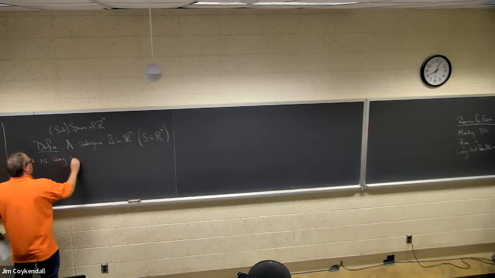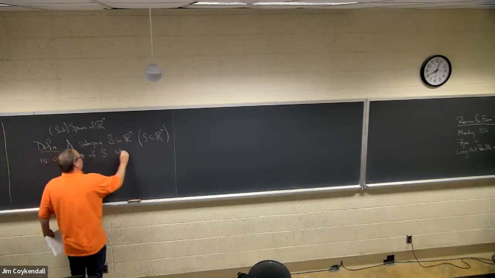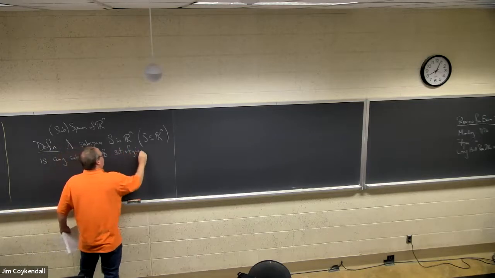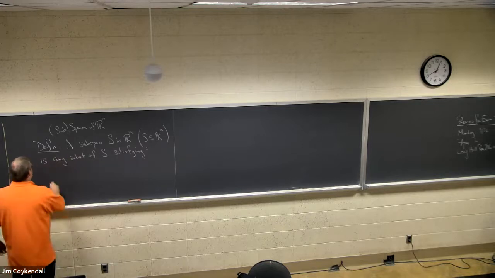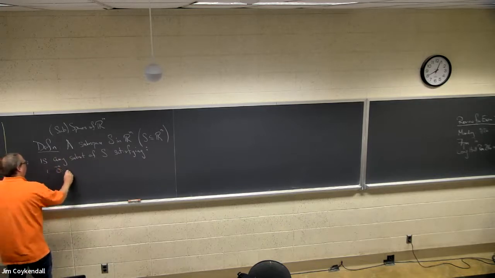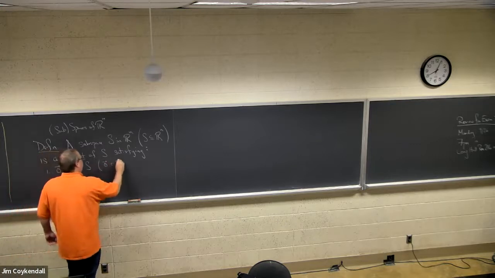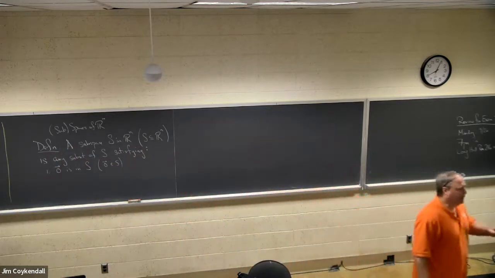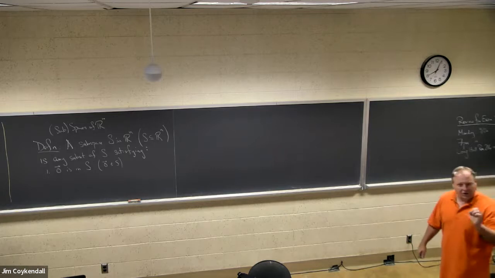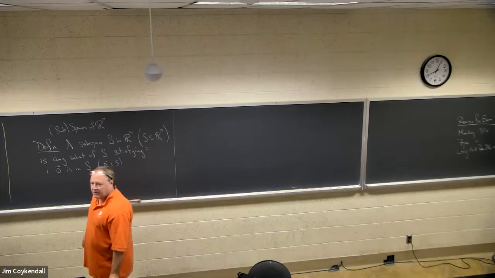Any subset S satisfying number one, the zero vector: every subspace of Rn has to contain the zero vector. It's got to be in. And after that, basically all you need is closure under addition and scalar multiplication.